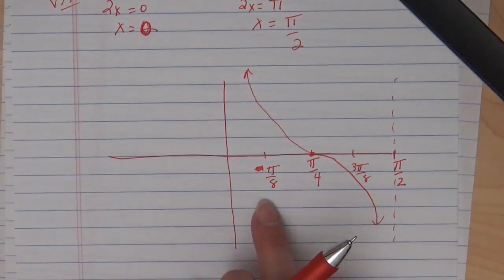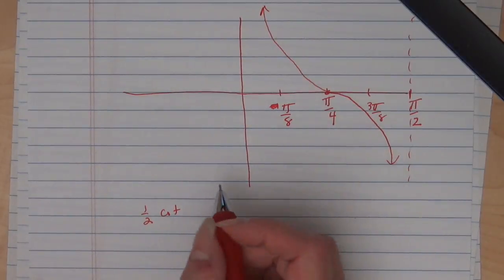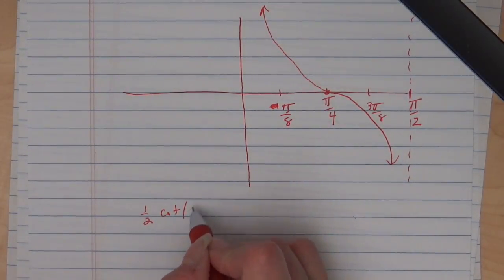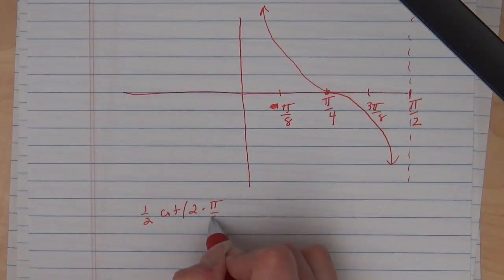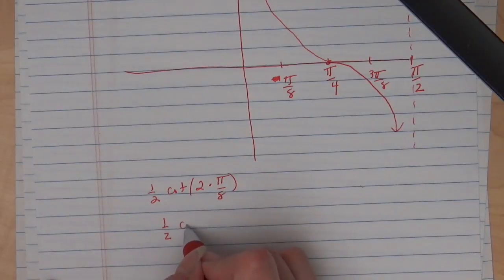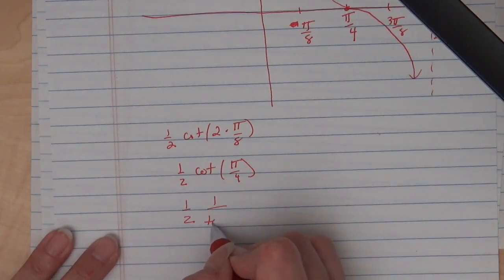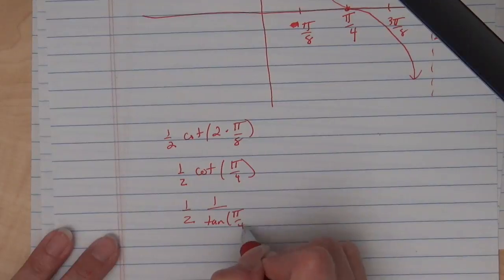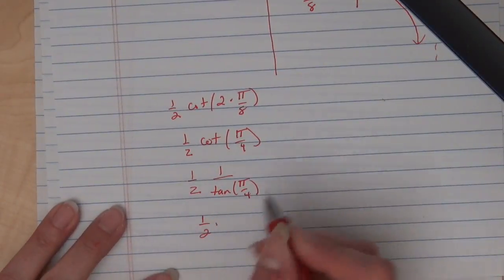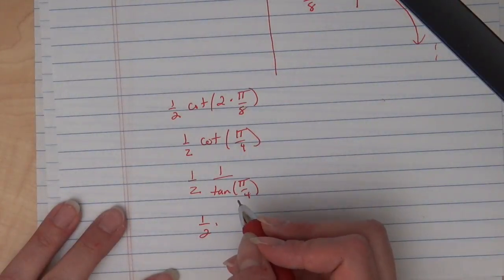So if I need to get 1/2 times cotangent of 2 times pi over 8, and then I'll simplify that. So 1/2 times cotangent of pi over 4, the 1/2 times 1 over tangent of pi over 4 gives me 1/2 times, I know that tangent of pi over 4 is the same thing as tangent of 45 degrees, and that's 1.